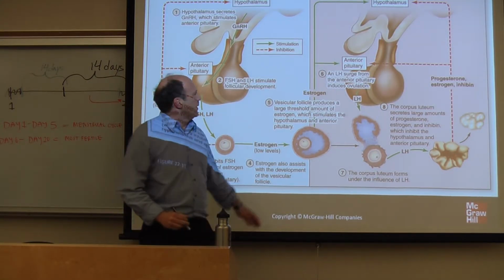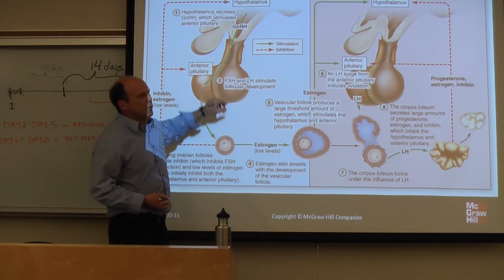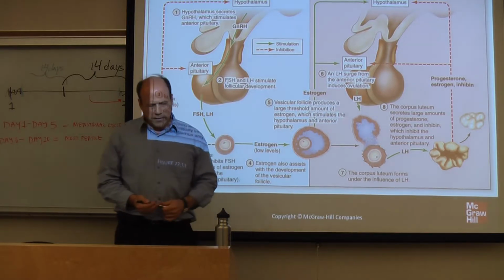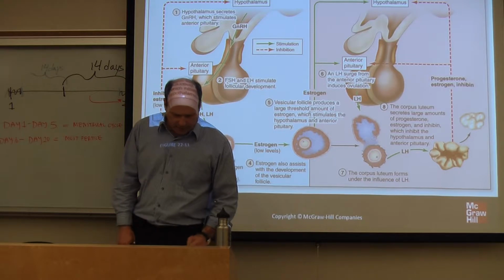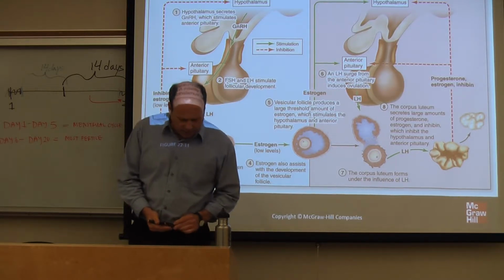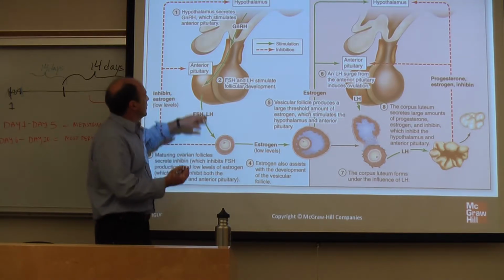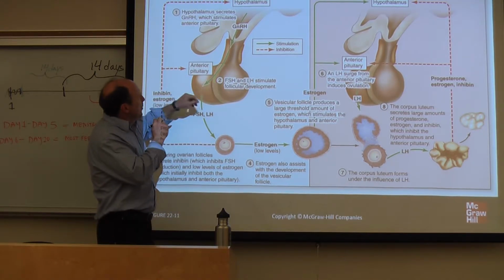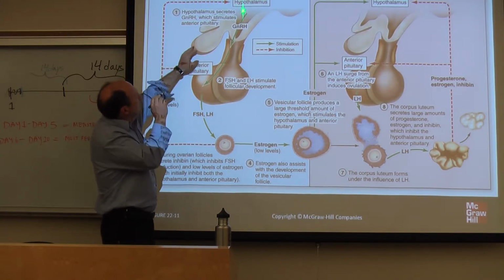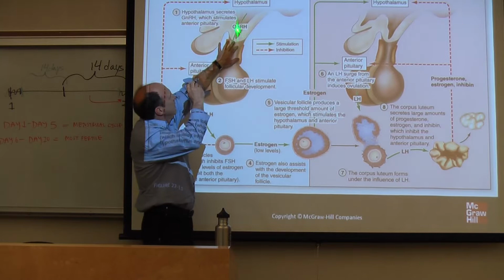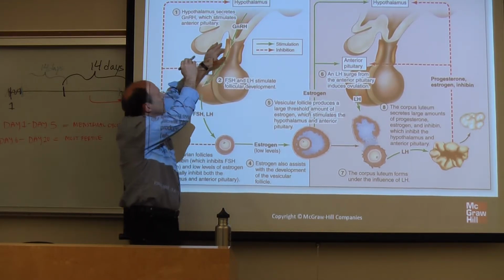So we had talked about this a little bit, but a lot of things begin with the pituitary. It's the master endocrine gland, and it's going to be controlling ovulation to some extent. So there's the anterior pituitary and the posterior pituitary, but it all begins with the pituitary and the hypothalamus. And the hypothalamus is a stem coming off of the brain.